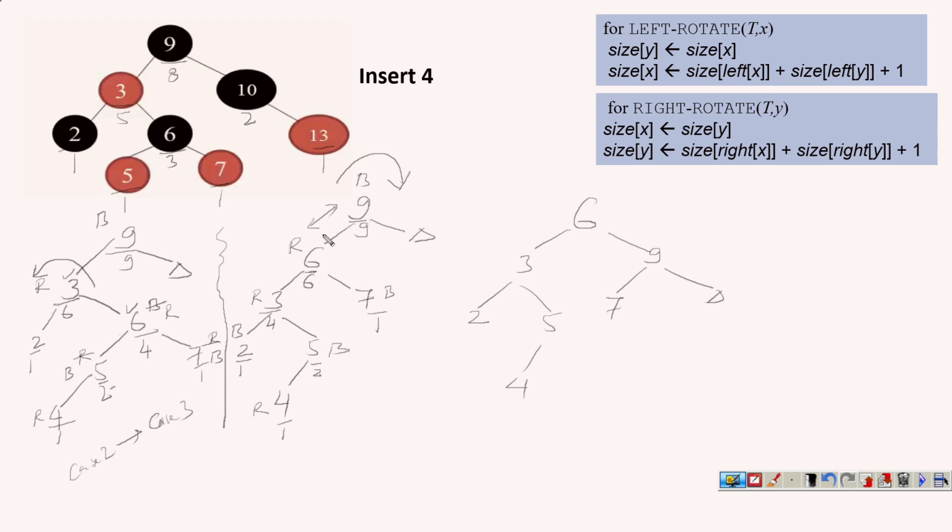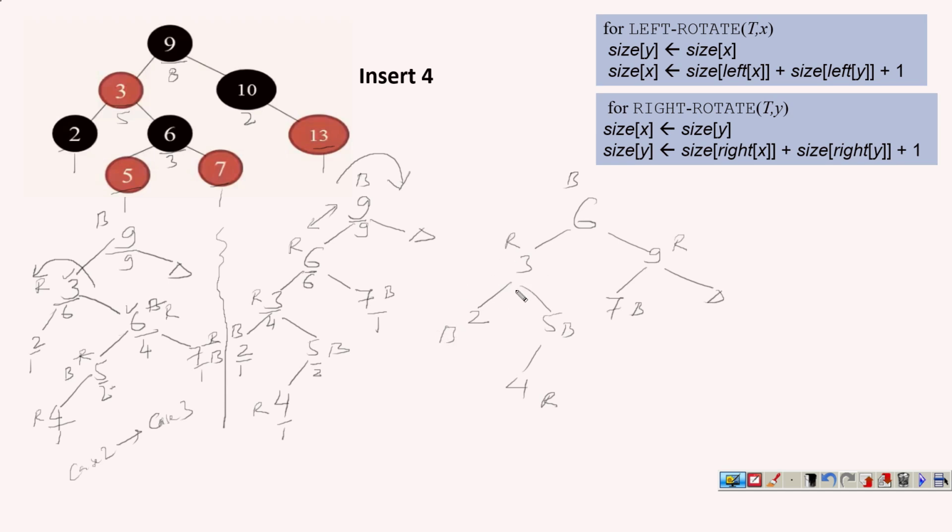So this is going to change the color, right? 6 is going to become black, 9 is going to become red, and 7 remains the same black, or the others remain the same color. 5 is black, 3 is red, and 2 is black.